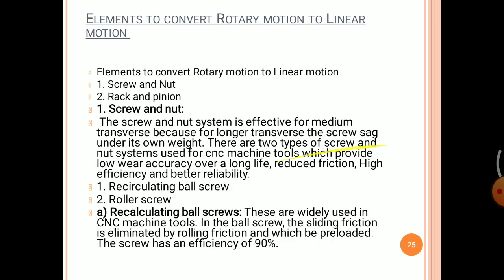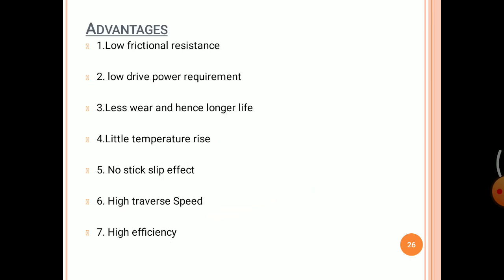The advantages of the recirculating ball screw are low frictional resistance, low drive power requirement, lesser wear and hence longer life, little temperature rise, no stick slip effect, high traverse speed, and high efficiency.